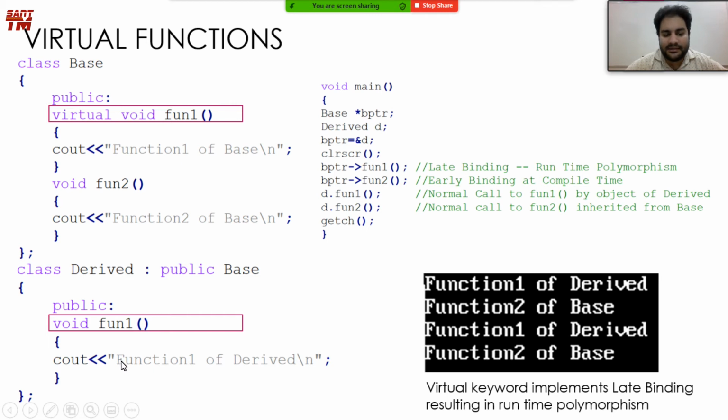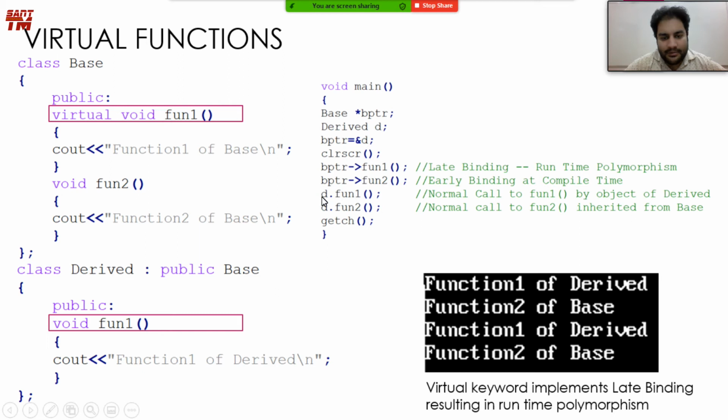But as fun1 is both normal and virtual, the virtual one will not run due to overriding. It will not vanish, but it will behave like that, and the preference is given to this fun1, and that is why function 1 of derived is printed here. That means using virtual functions, writing the virtual keyword, we are implementing overriding here. Then bptr of fun2. This fun2 is normally inherited here, and as fun2 is now also a member of the derived class, bptr can access fun2, and function 2 of base is printed.